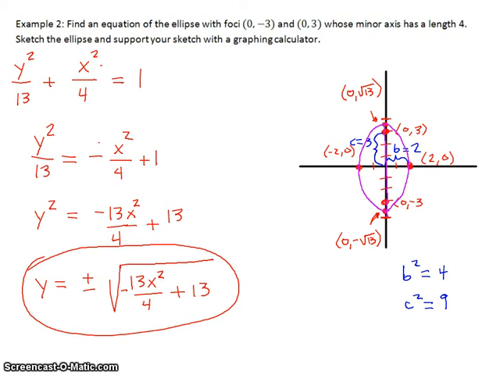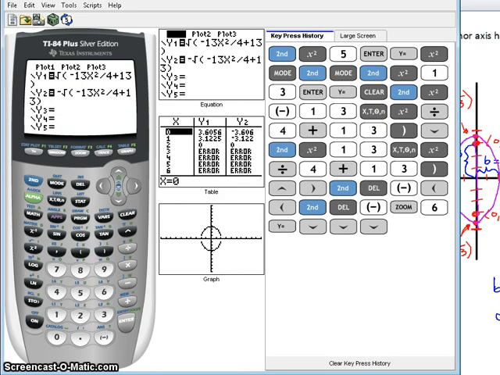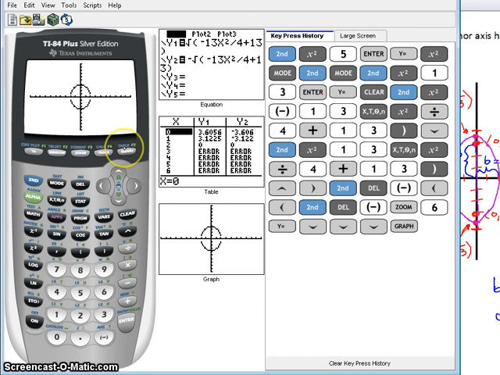Let's see what happens when we enter this in the calculator. Let's check our work, make sure we're right. So I've entered in y1, y2, and we hit graph, and that gives us the equation of our ellipse. And unfortunately it doesn't connect there, but we can see that what we found pretty much matches up with what our drawing looks like.